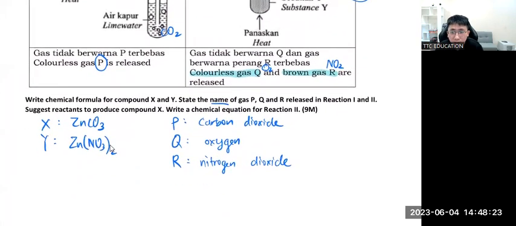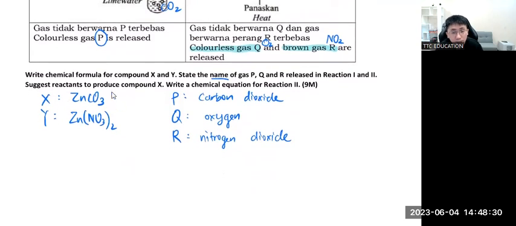Okay, and then after getting the 5 marks, they say suggest the reactant to produce X. So X is ZnCO3. You want to produce a salt, which means you're supposed to use your salt preparation knowledge. If I want to produce ZnCO3, I'm going to use a soluble salt, or an insoluble salt method. So X is ZnCO3, is it a soluble or insoluble salt?